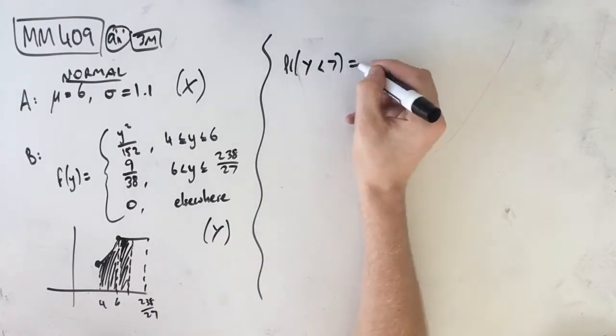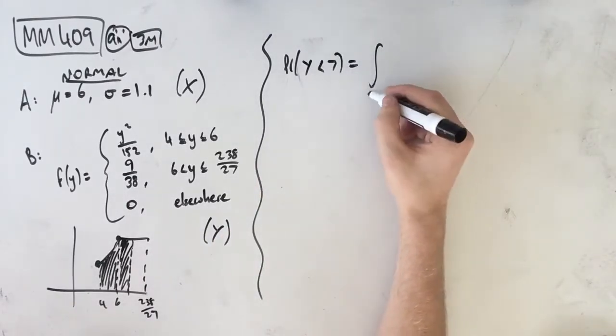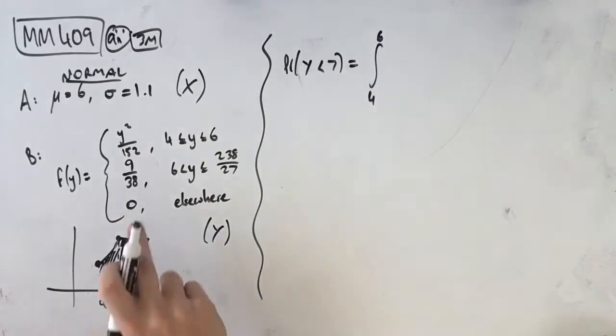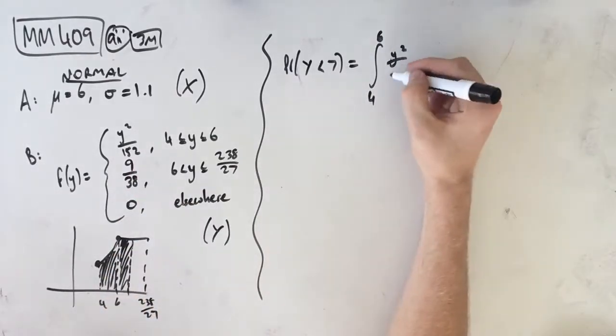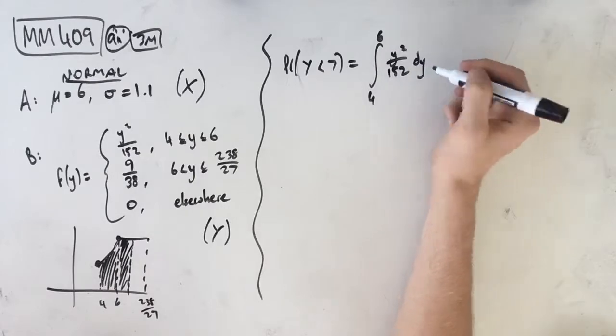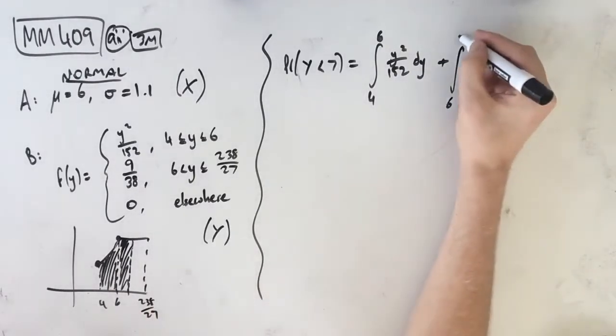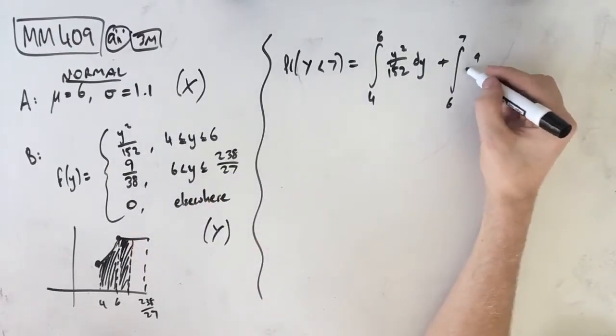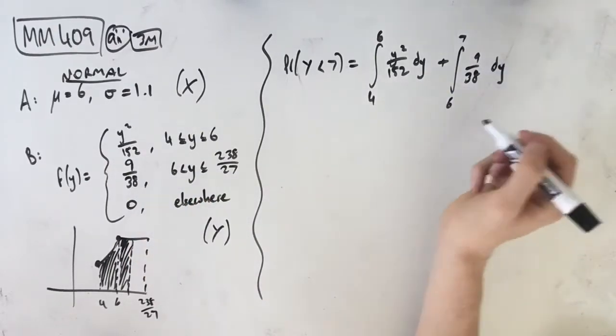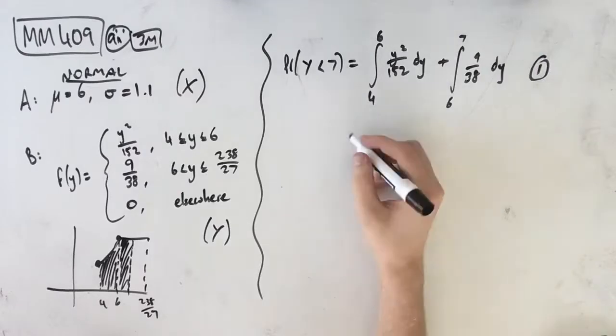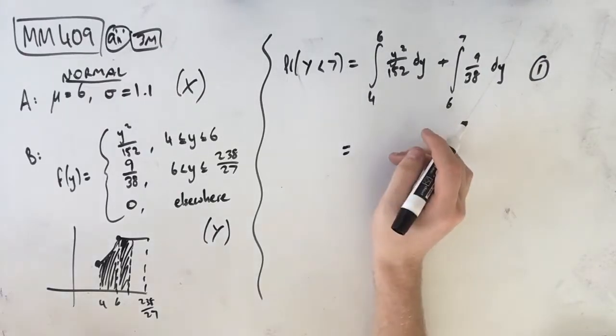Y is less than 7 is equal to our area, which is our integral from 4 to 6 of our first function, which is y squared over 152 dy, plus the area from 6 to 7 of our second function, which is 9 on 38 dy. This is our first mark. Awesome. So setting all that up is worth a mark.